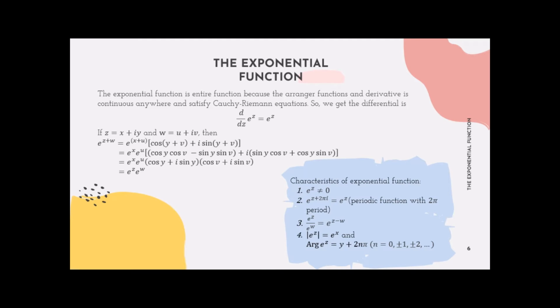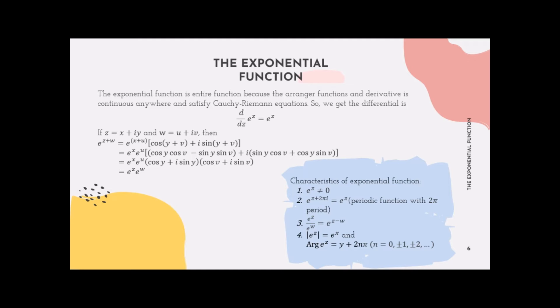For the first, exp(z) is not equal to 0. Second, exp(c plus 2 pi i) equal to exp(c), so it is a periodic function with period 2 pi i. Third, exp(c) over exp(w) equal to exp(c minus w).